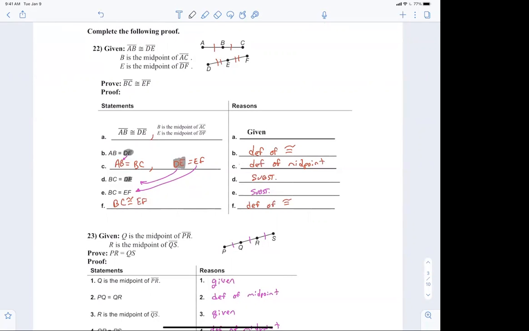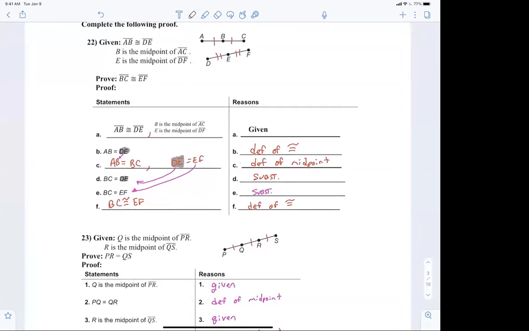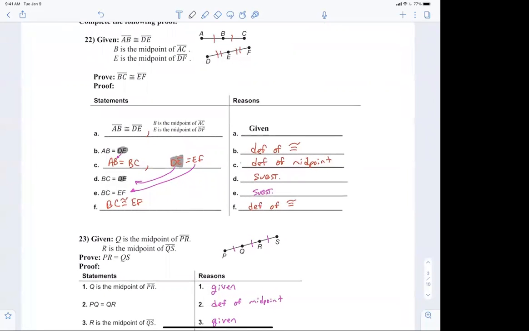All right. So is everybody okay with number 22? Go ahead. I'm kind of confused on how to do it. Okay. So honestly, I'm trying to help you, but that's really not much help to me. Like I would like you to say, I don't know why step A is given.